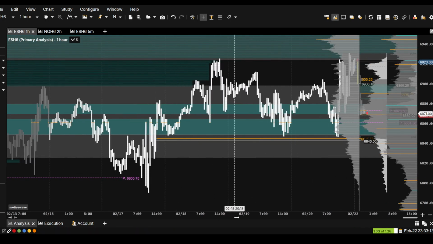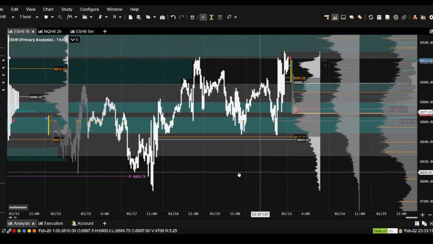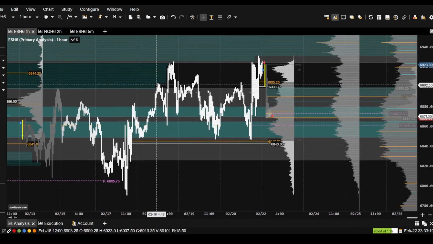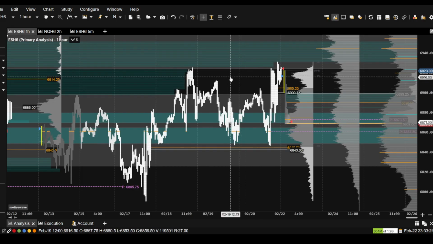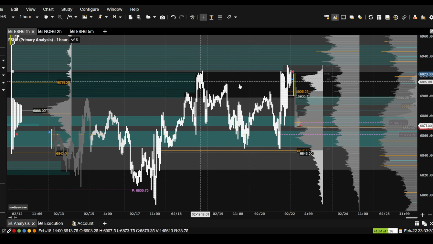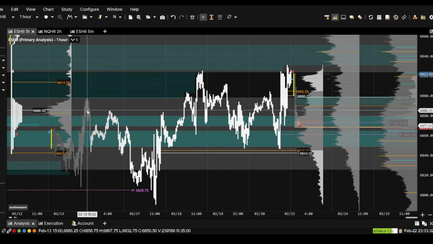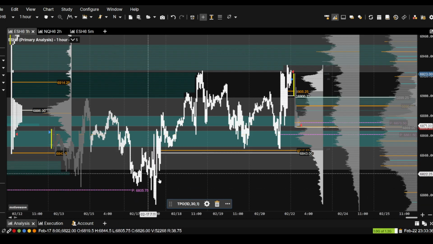So see this, a consolidation range. That's the reason why I merged those profiles.